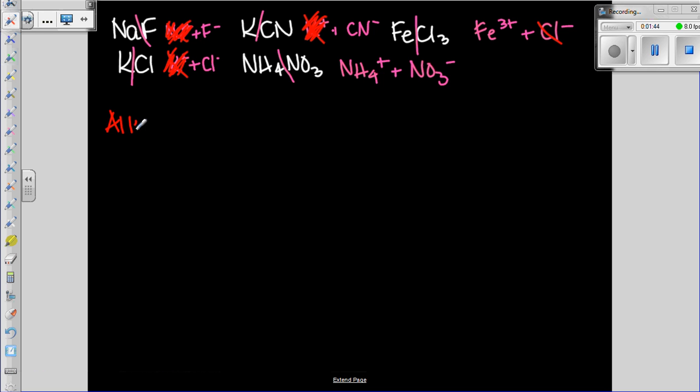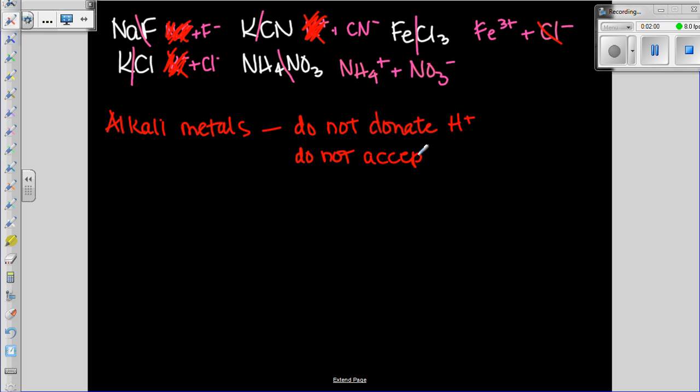Alkali metals do not donate H+, and they do not accept protons. So, no acid-base properties. And when I say no acid-base properties, I mean that they will not contribute to pH. It's going to be water.